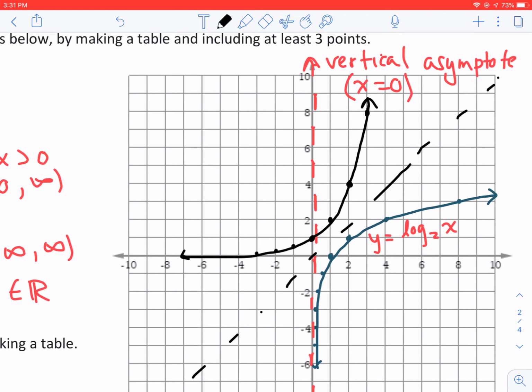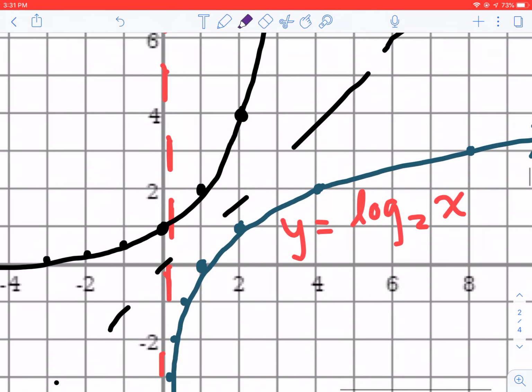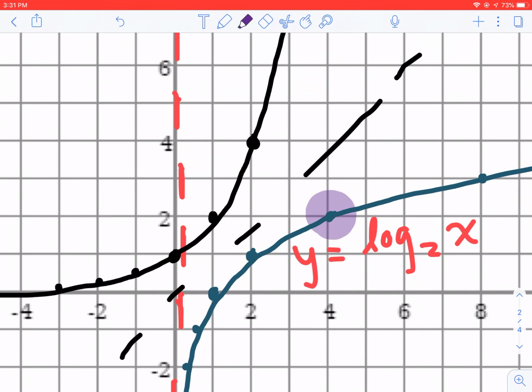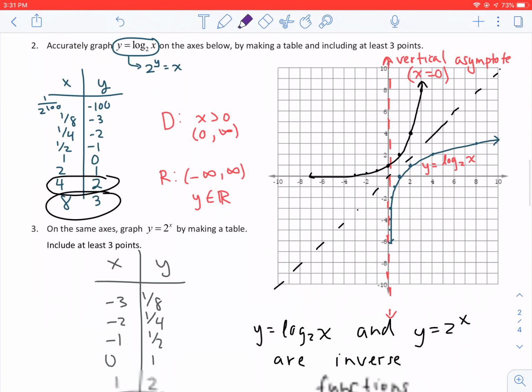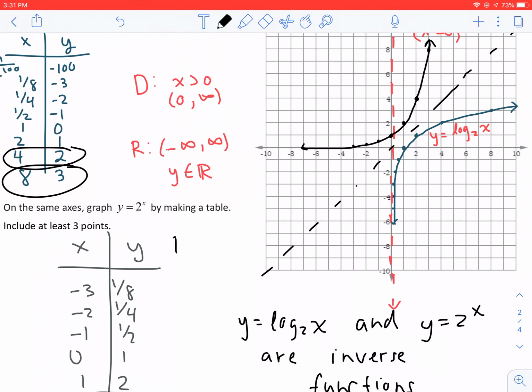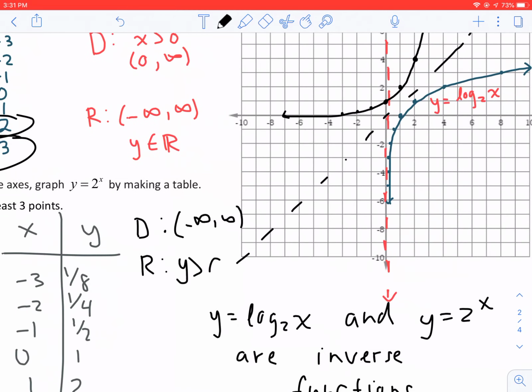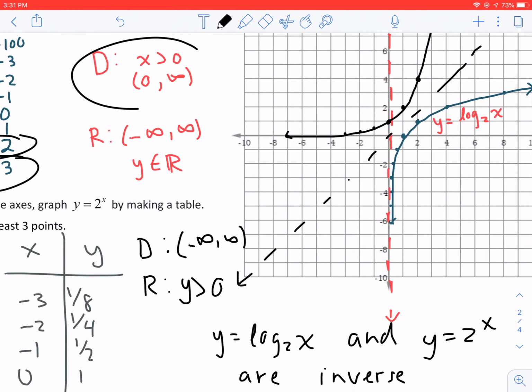Our vertical asymptote became a horizontal asymptote, right? X equals 0 became y equals 0. 4, 2 became 2, 4. Right? Inverse functions. Our domain and range, they also flipped, right? The domain of this guy is negative infinity to infinity. Right? The range is y is greater than 0. Right? Domain and range flipped. Everything flipped.